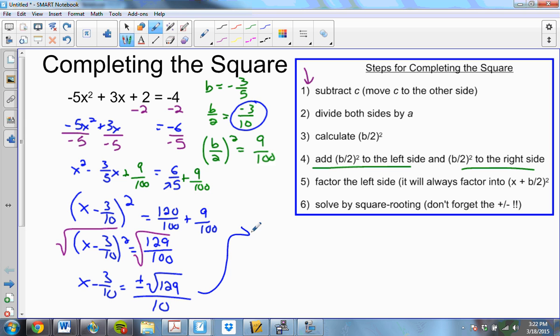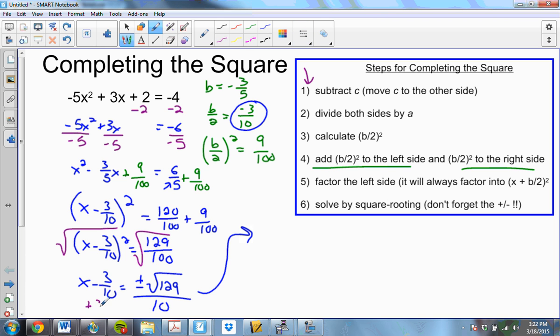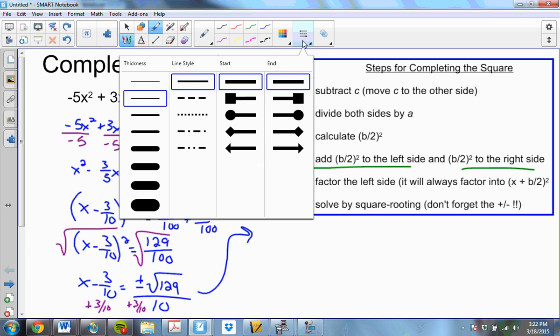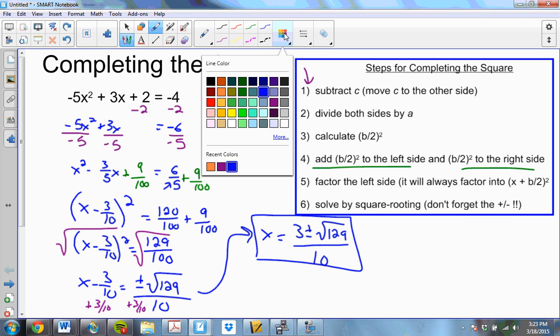I'm going to add that 3/10 to both sides, giving me x equals 3 plus or minus the square root of 129 over 10. There's my two solutions with the plus and the minus in there. So if you can do that problem, you can do any problem.